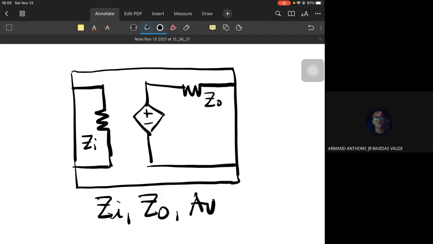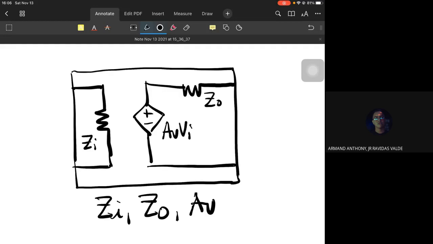Our voltage gain is characterized by the dependent source, AV. AV is unitless, so we multiply it by something so that it produces a voltage, of course something measured in volts. So VI.